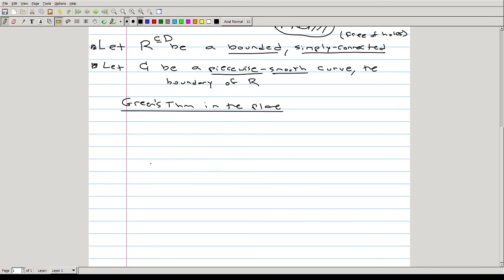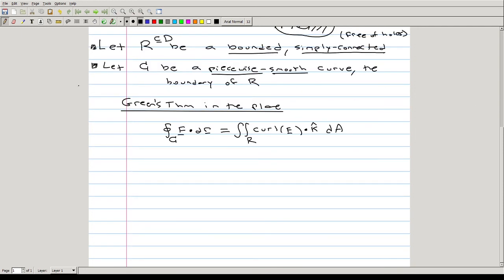It's that the accumulation of the flux of the vector field F on the boundary curve C is going to be exactly equal to the accumulation of curl of the vector field F within the region R. It's the interior of the curve C.